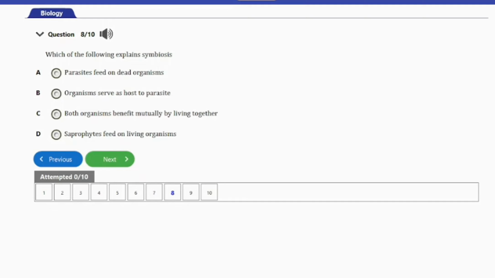So guys, the answer to this question is option C here. Both organisms benefit mutually by living together. So in symbiosis, it's actually a kind of mutual feeding relationship where both organisms benefit, and that's it for that question. So let's consider the next question, guys.